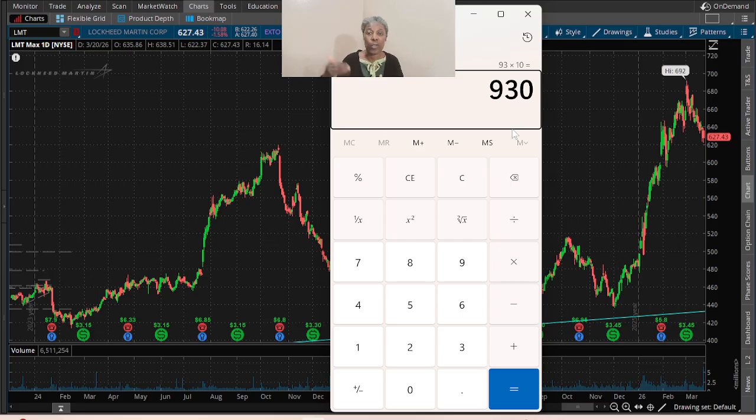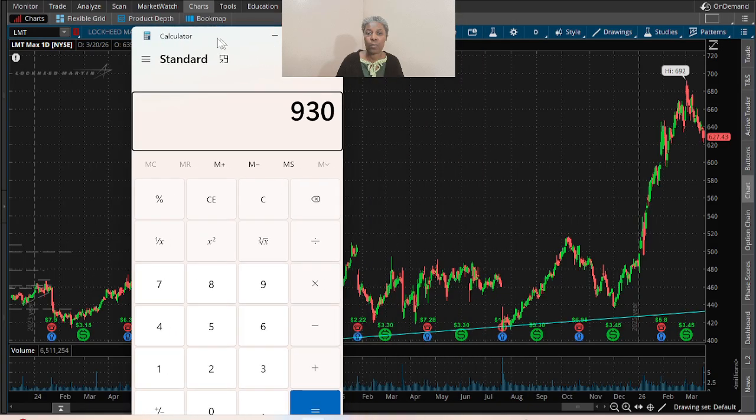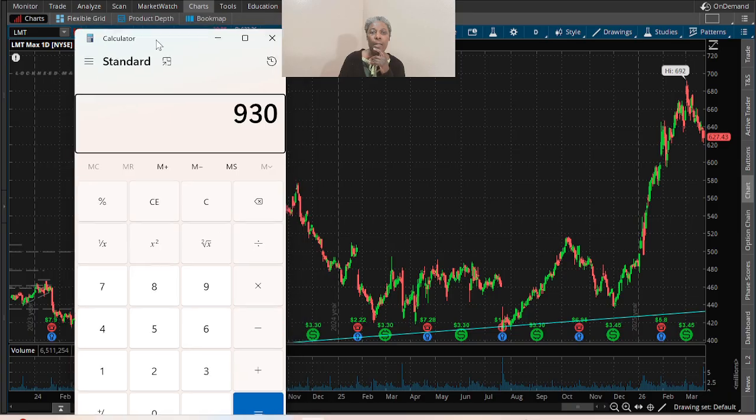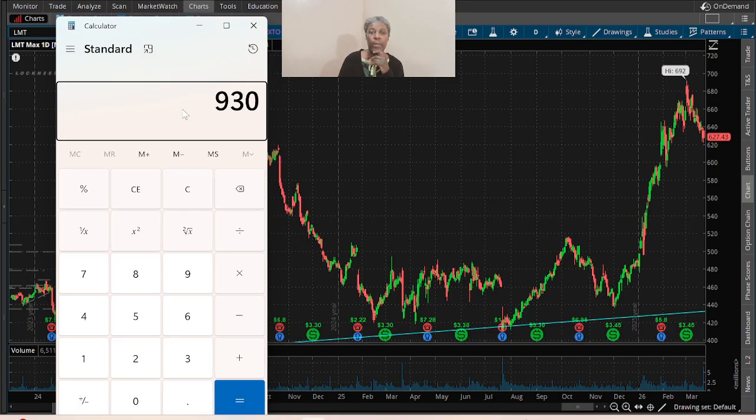The return rate will still be that 22%, but in dollar amount it is $930. I hope my calculation is not blocked by the webcam, but yeah. If you spend $4,000, 3 months later you made $930.